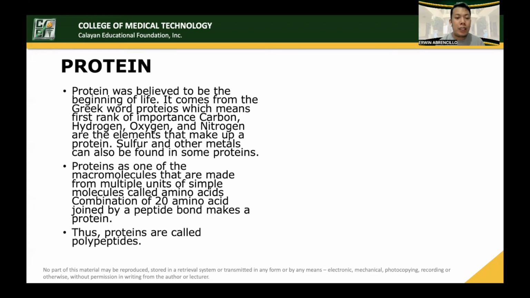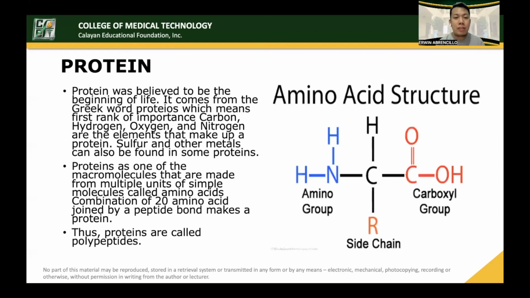So the different amino acids, these 20, are connected to each other to form proteins, and the chemical bond that attaches an amino acid to another is known as a peptide bond. So this is the general structure of an amino acid.